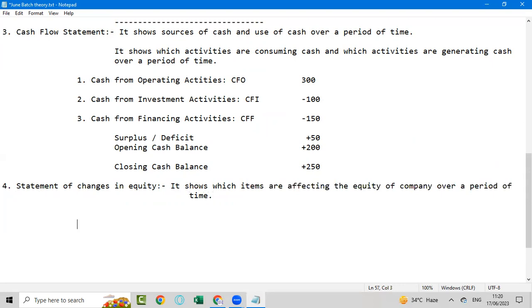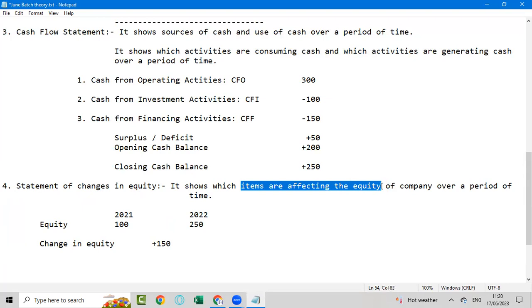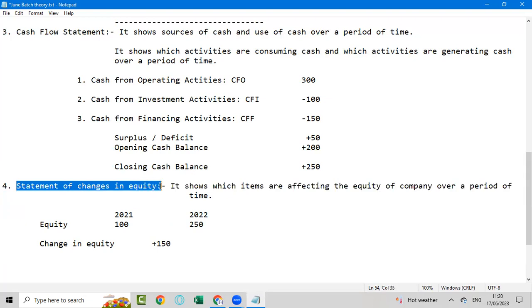Let's suppose the equity in 2021 and 2022 was 100 and 250. So the equity has changed. Change in equity is how much? Plus 150. What is the source of that change? Equity has changed, so what items are affecting the equity of the company? That you want to see. So that we can see from the statement of change in equity.